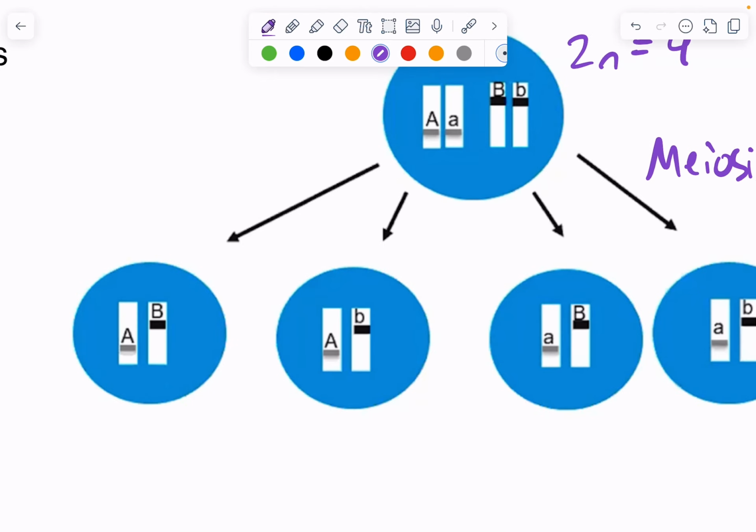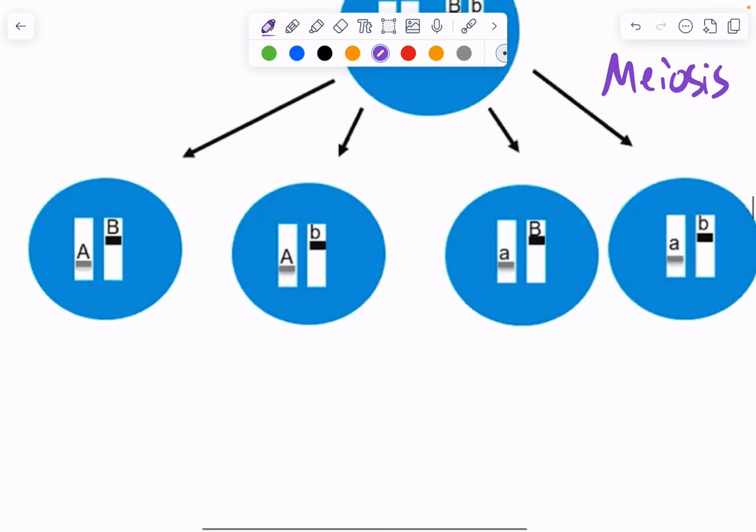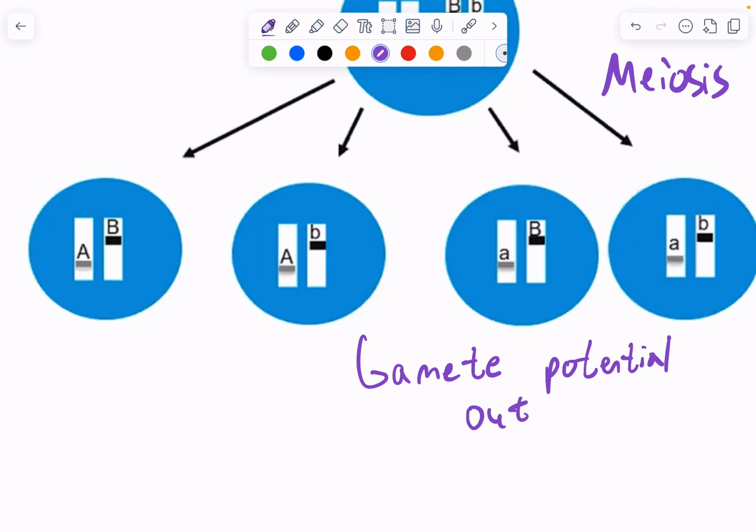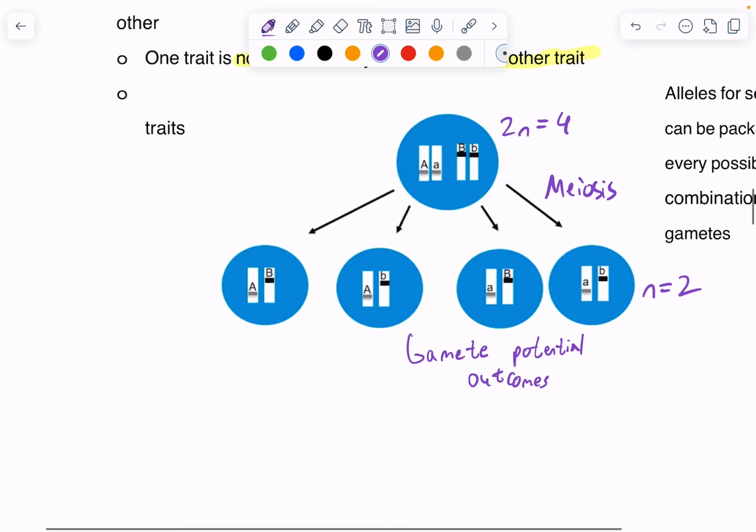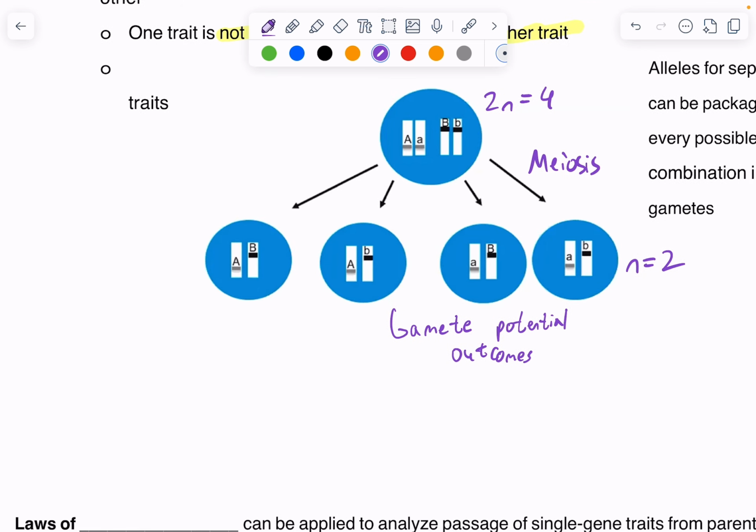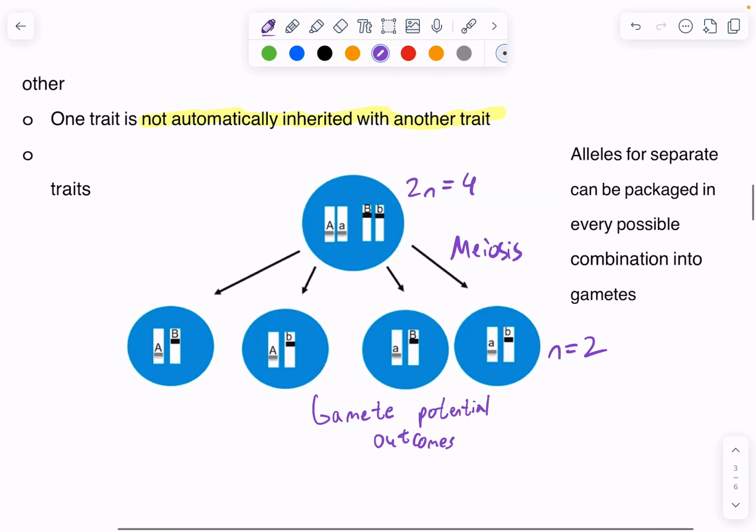These are the possible outcomes. These are also gametes. And actually, when we do Punnett squares, this is basically what we're doing. We're just doing crosses, like a Punnett square cross, to determine the probability of inheriting these traits.